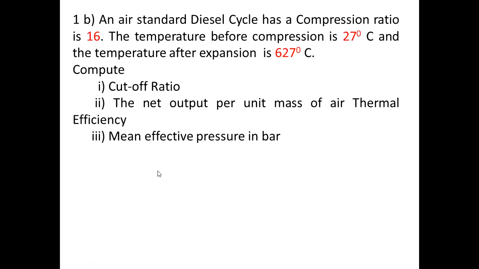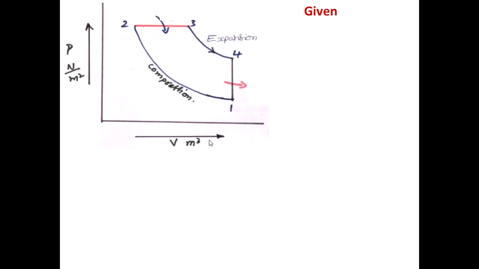Only then can you solve this problem. While doing the derivation you learn many things that you must reproduce here. First and foremost, whenever a pressure-volume diagram is given, you must draw the PV diagram properly.